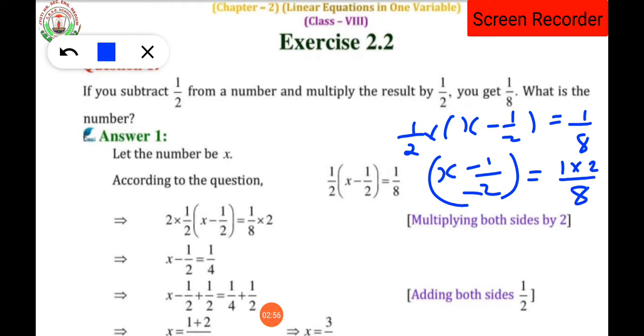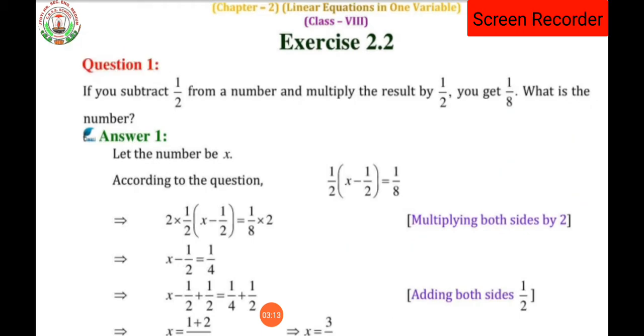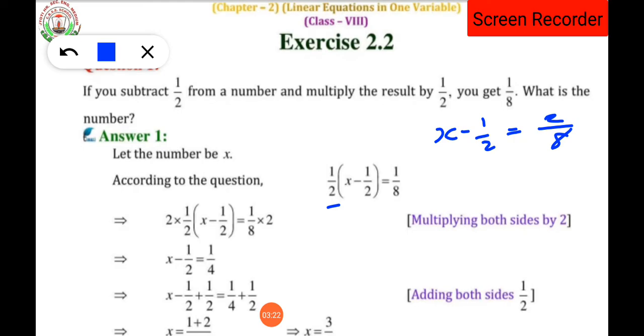Which can be cancelled by the table of 2, so it will be 1 by 4, isn't it? That is, x minus 1 by 2 is equal to 2 by 8. This is cross multiplied, so here it will be 1 and 4. So x minus 1 by 2 is equal to 1 by 4.